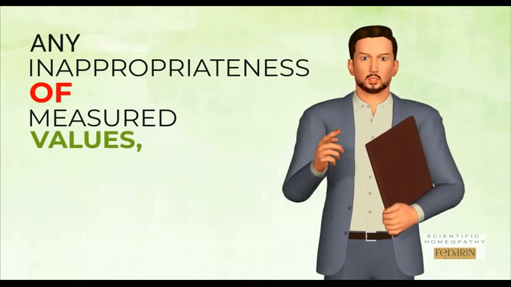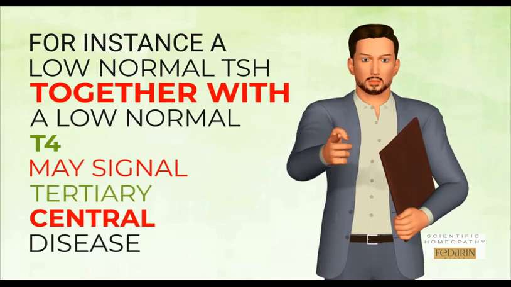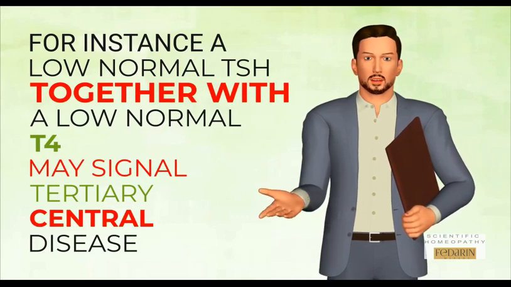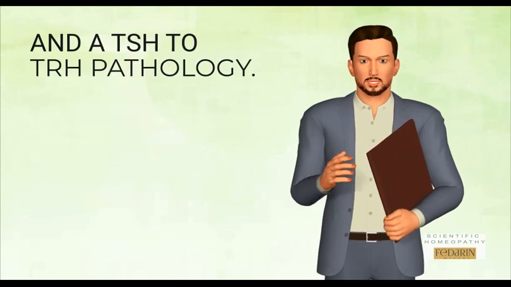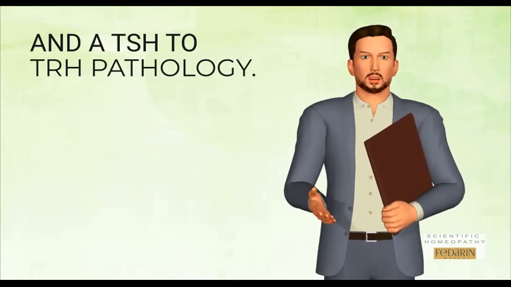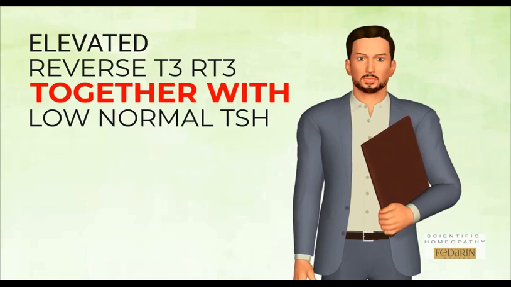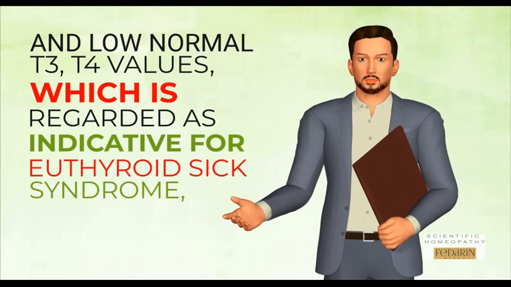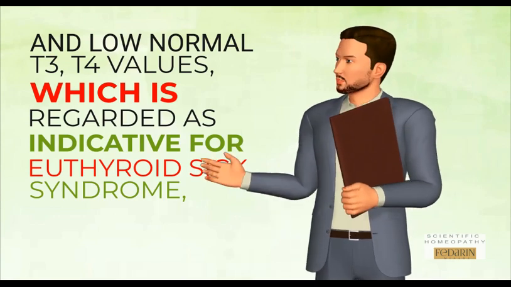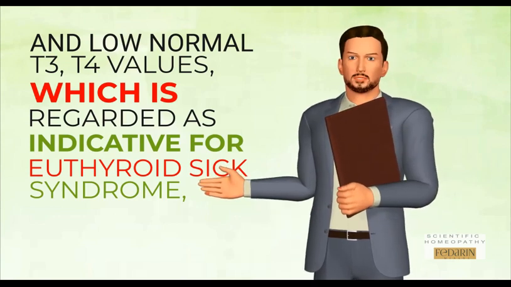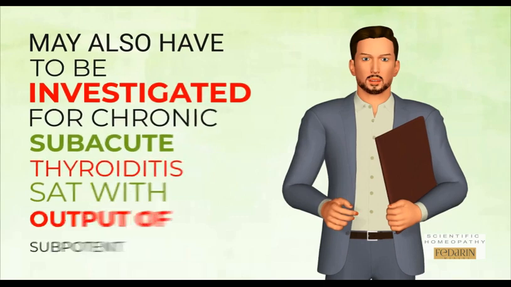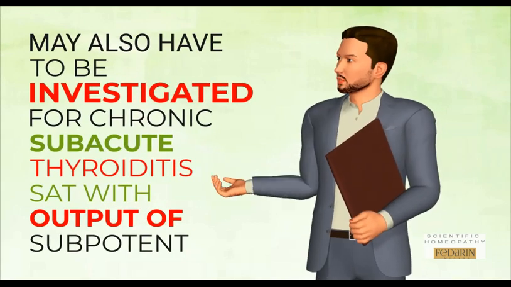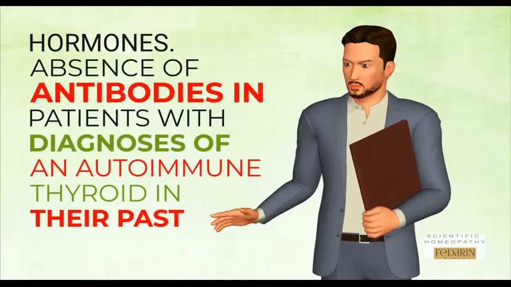This is an example of a negative feedback loop. Any inappropriateness of measured values, for instance a low normal TSH together with a low normal T4, may signal tertiary central disease and a TSH to TRH pathology. Elevated reverse T3 (RT3) together with low normal TSH and low normal T3, T4 values, which is regarded as indicative for euthyroid sick syndrome, may also have to be investigated for chronic subacute thyroiditis (SAT) with output of subpotent hormones.